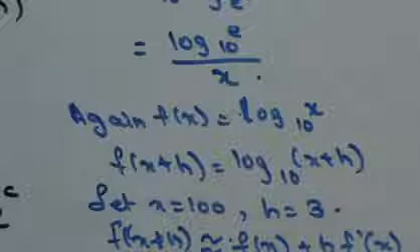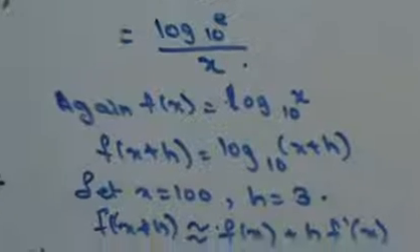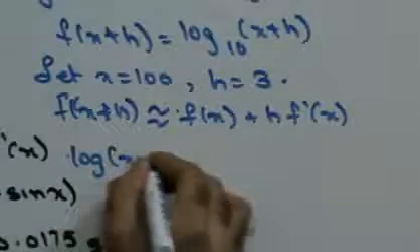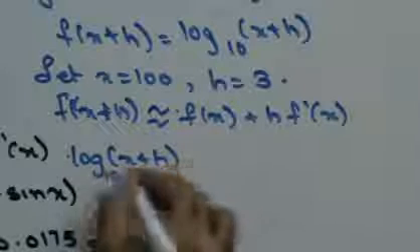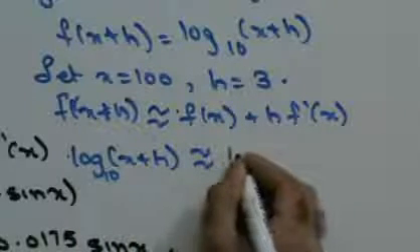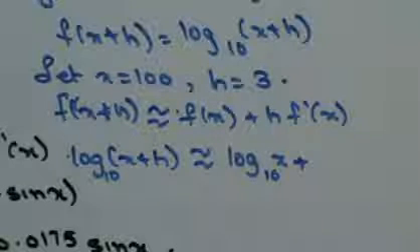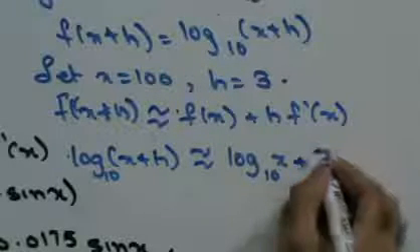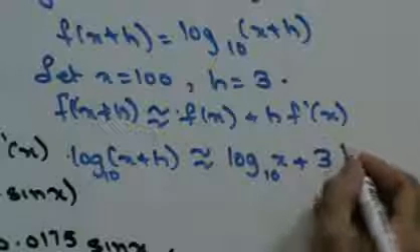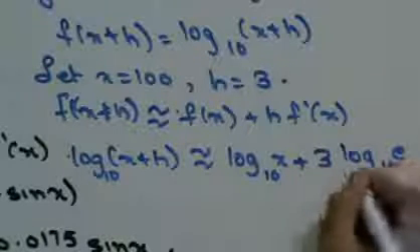So log x plus h to the base 10 is approximately equal to log x to the base 10 plus h. H we have taken as 3. F bar of x is log e to the base 10 upon x.